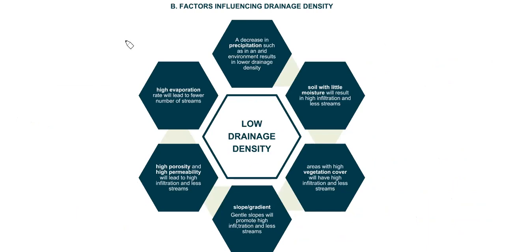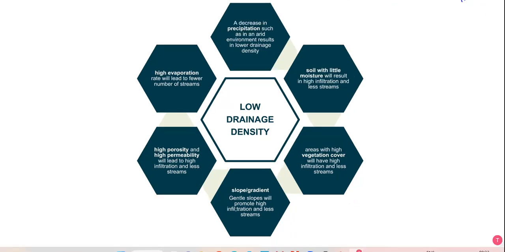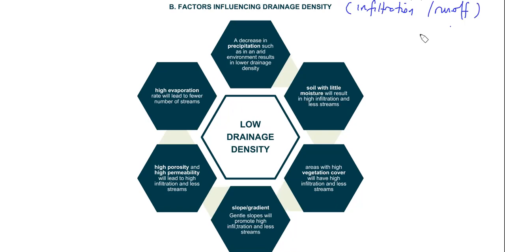Now let's look at the factors influencing drainage density. Those are the same factors that they can ask you that influence infiltration, and also runoff, which is the flow. Sorry about that. So here we need to understand that.